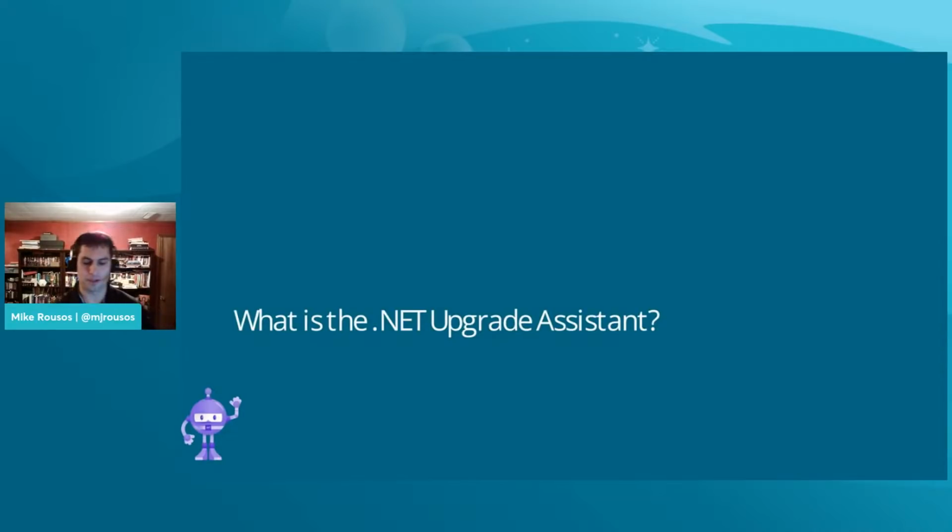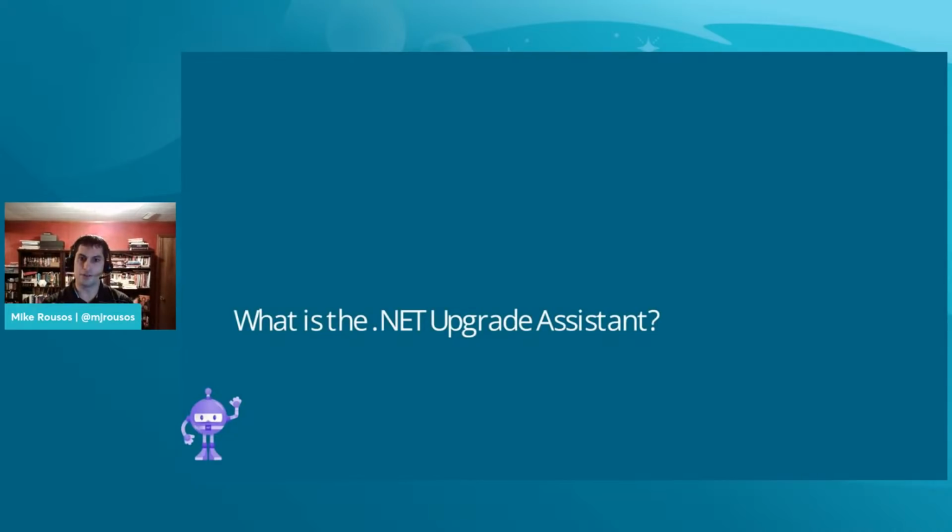So I'm going to summarize this for you because you can read through it on your own. But .NET Upgrade Assistant is a tool that the .NET team has created to help automate some of the changes you need to make when you're upgrading an application from targeting .NET Framework to targeting .NET 6.